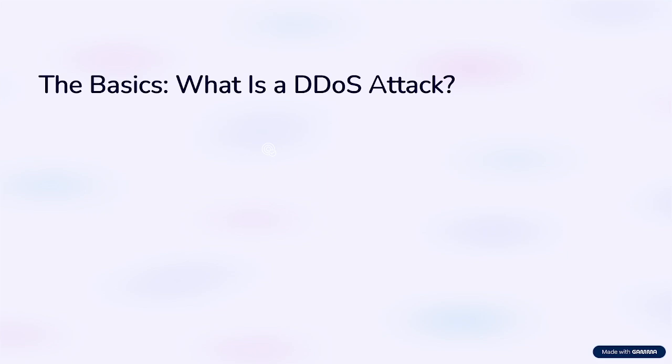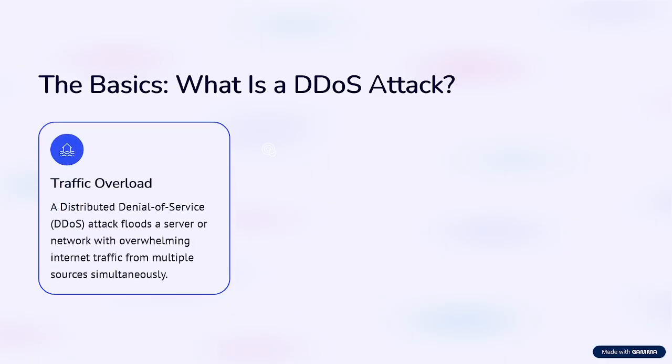Let's start with the fundamentals and answer the core question: what exactly is a DDoS attack? So at its heart, a distributed denial of service or DDoS attack is an attempt to flood a server, service or network with an overwhelming amount of internet traffic.